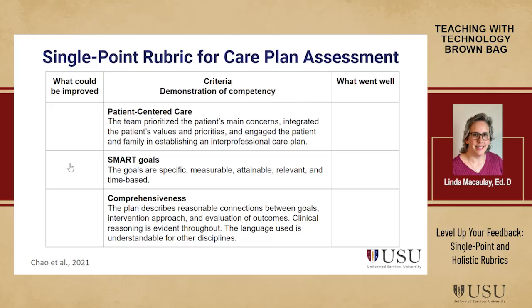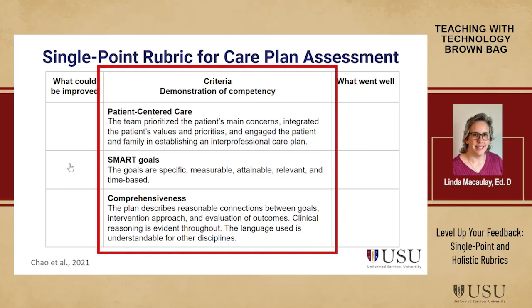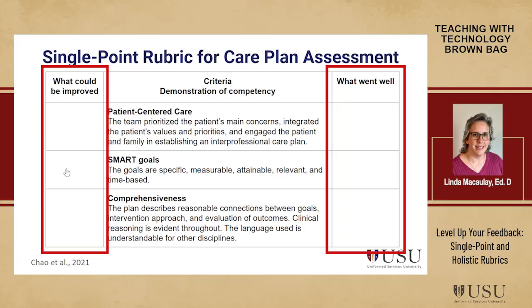Here's an example of a single point rubric for a care plan assessment that you can see has the criteria in the center. And what they've done here is they've listed the criteria and the description of what is considered competency in the middle. And then they've used two columns on either side to describe in comments and feedback what could be improved or what went well.